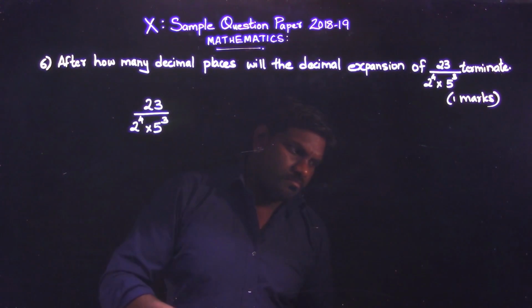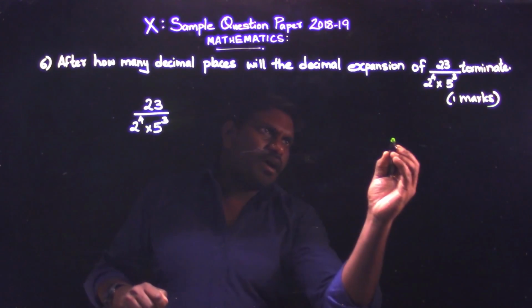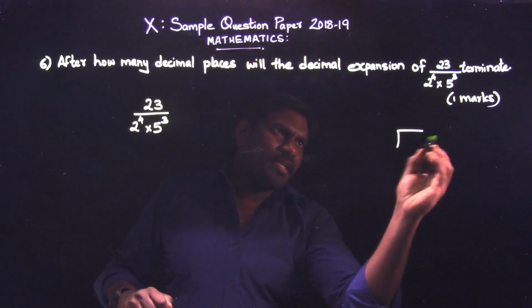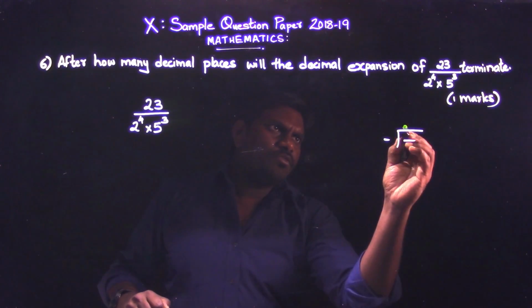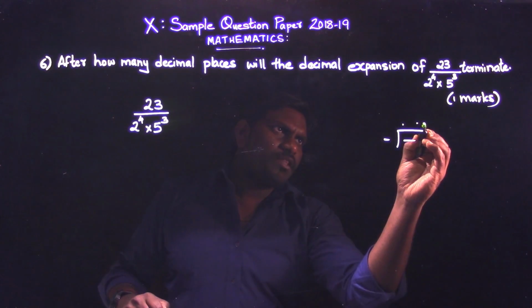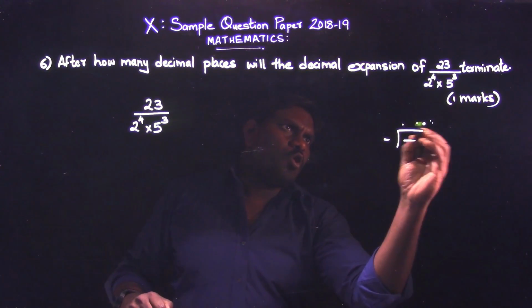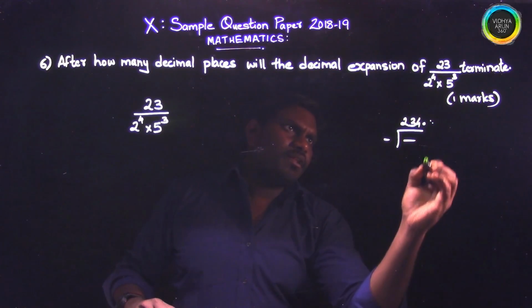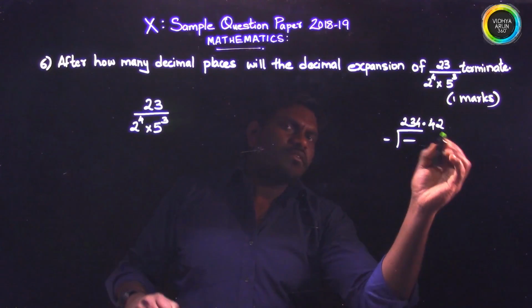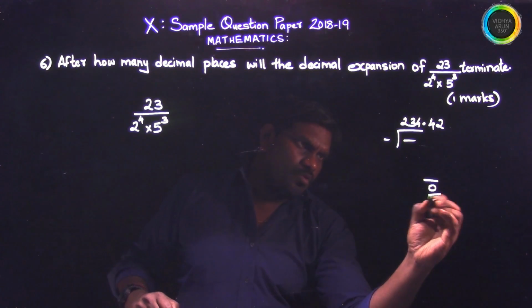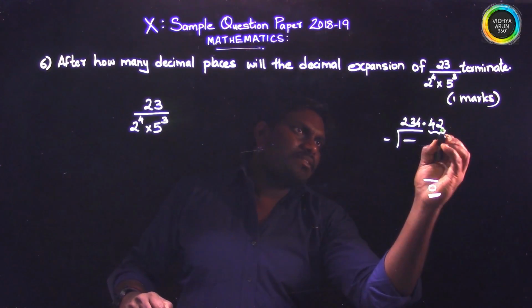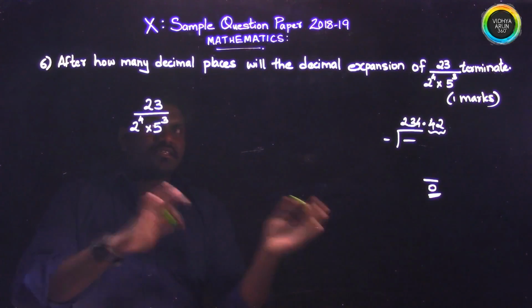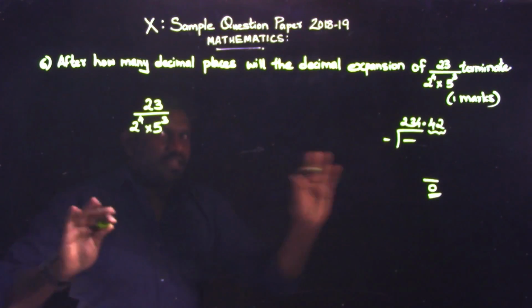When you divide any two numbers, you will get a decimal, and then so on, like I'm just writing some numbers, dot, decimal, then 4, 2, then the remainder becomes 0. That means two decimal places is where the whole thing terminates.